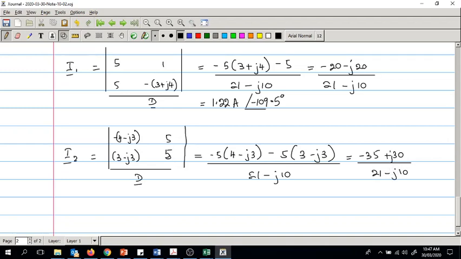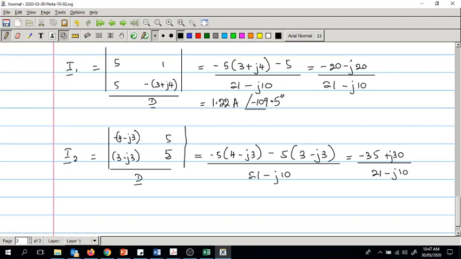So this answer divided by brackets 21 minus 10i.